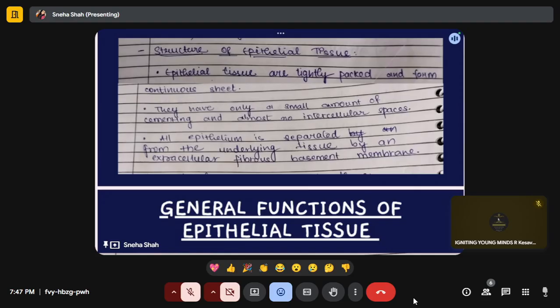But what separates this layer of covering and the tissue or the organ? There is a basement membrane, another thin layer of extracellular fibers. That is, there is a layer again which separates the epithelium from the tissue. Is this clear? Till here, does anyone have any doubts?